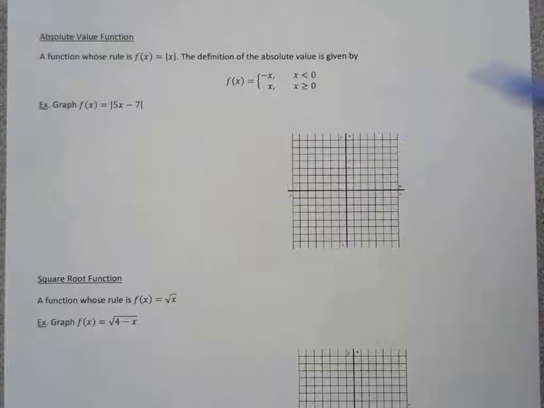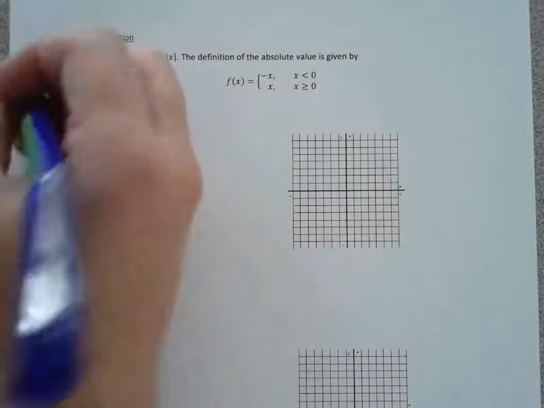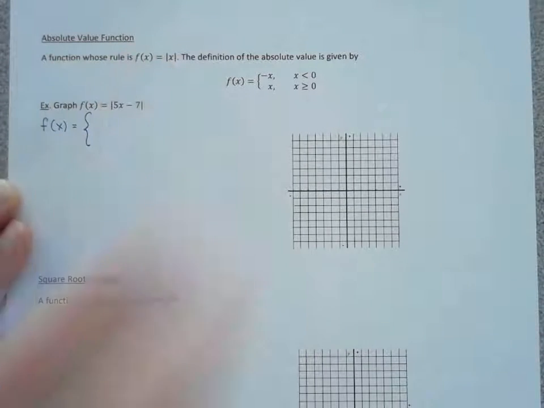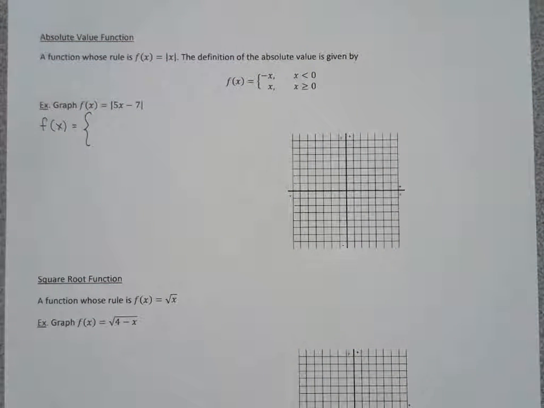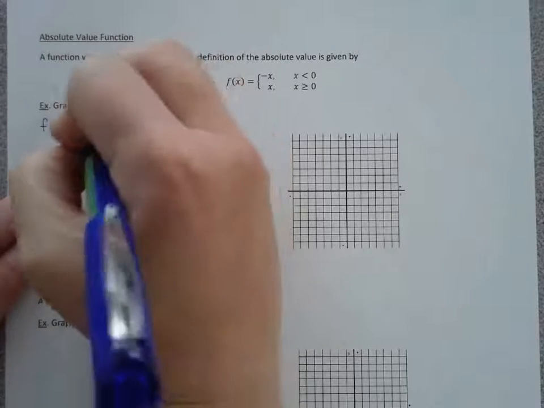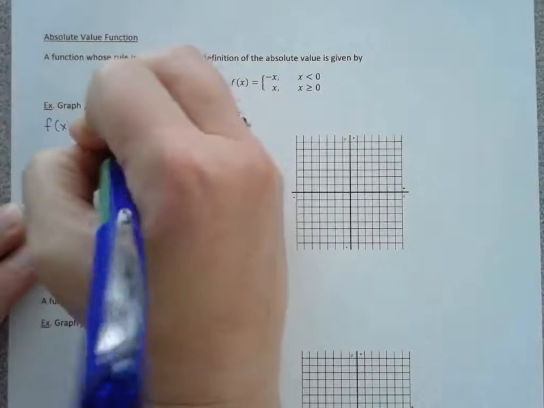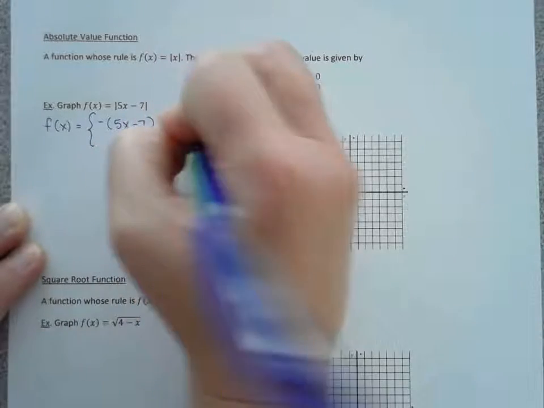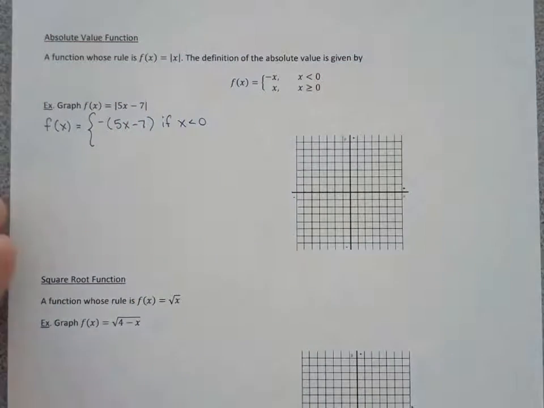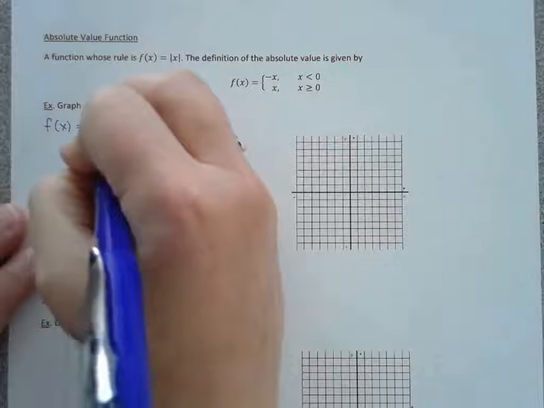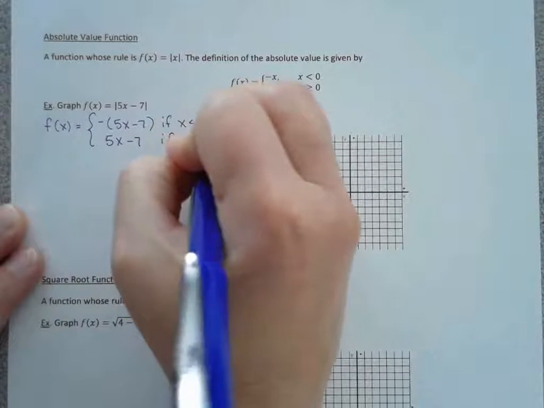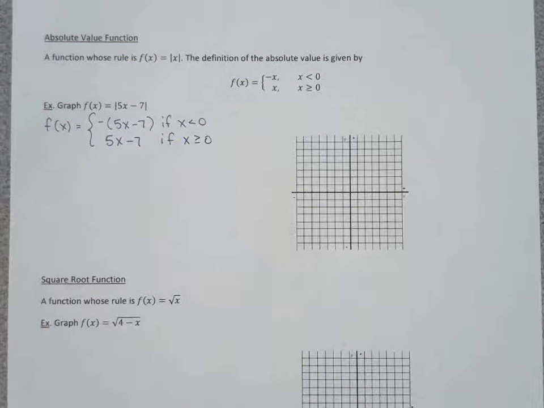So first thing we want to define, this function f of x is going to be equal to, using the definition, the negative version of 5x minus 7 if x is less than 0, and it's going to be the positive version, 5x minus 7, if x is greater than or equal to 0.